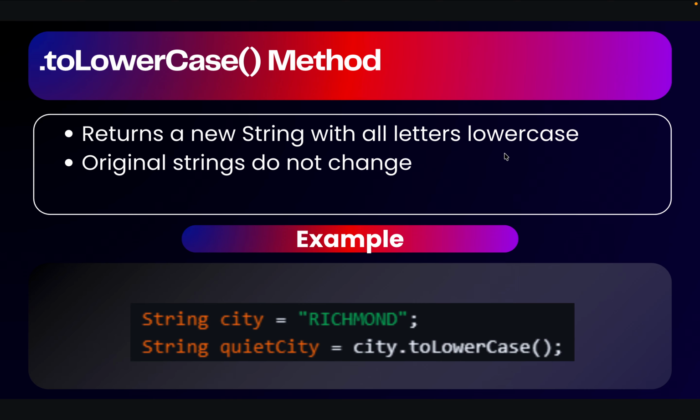Now, you would typically use dot toLowerCase or dot toUpperCase if you are trying to control the user's input and you're trying to make it easier on yourself to ensure that regardless of how the user inputs information, whether they use one or two uppercase letters in their input or if they use two lowercase letters, regardless of the formatting of the characters they use, that you can use it how you intend to. So typically this is used in those cases, and it may make a little bit more sense later on when we get into some more complex topics in Java.